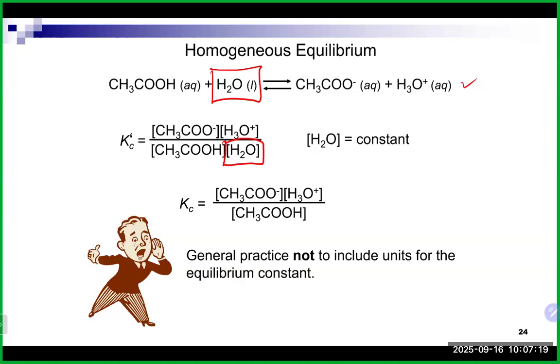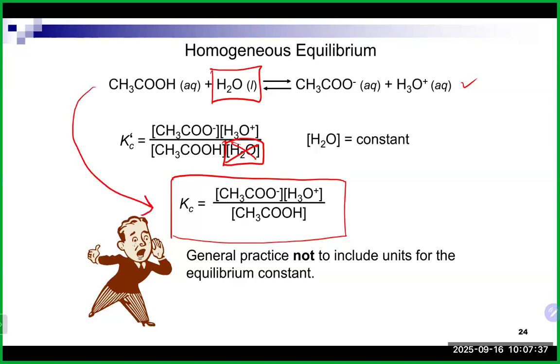And typically speaking, for pure liquids in the reaction, their concentration is so large, it pretty much remains constant. So we do not include anything that is a pure liquid in the equilibrium expression. So for this reaction, this would be the correct equilibrium expression, where we would not include the water that's in the liquid state, or really any liquid.